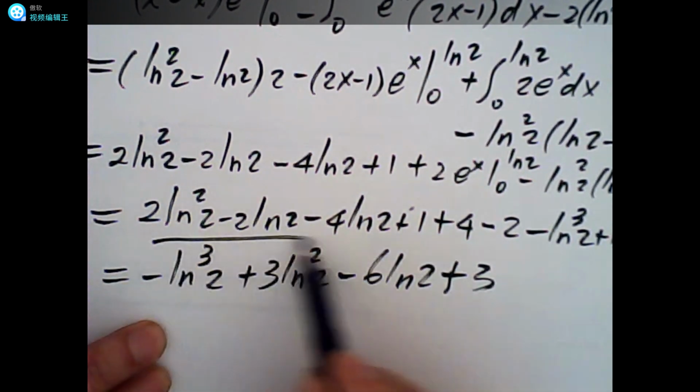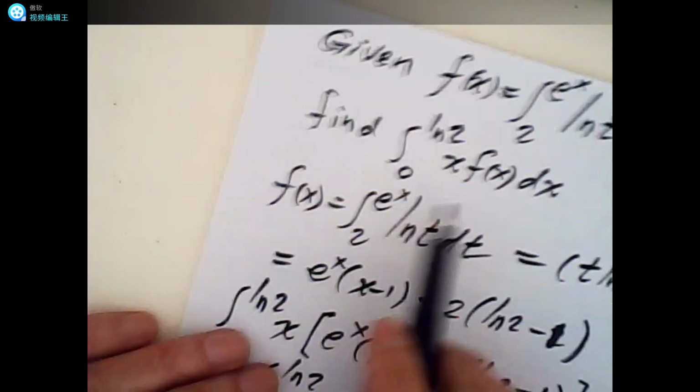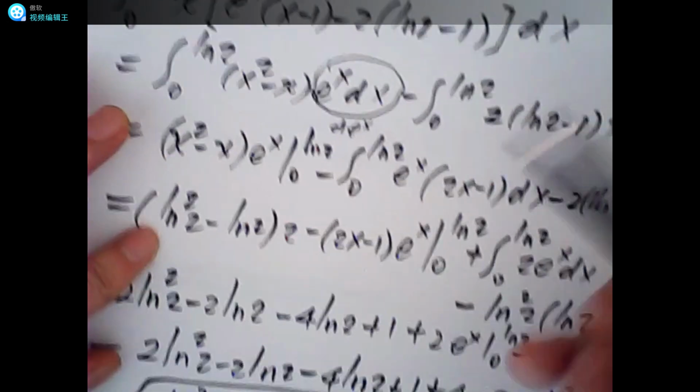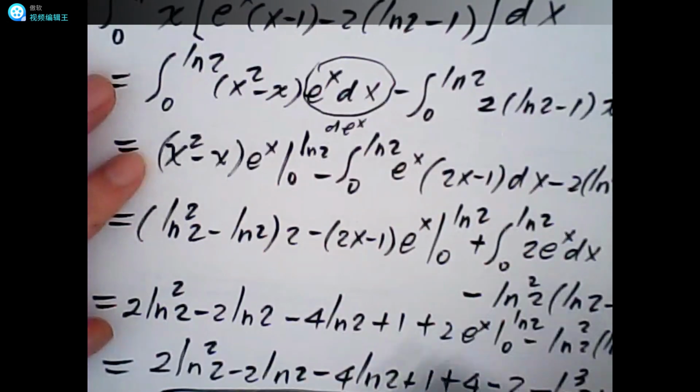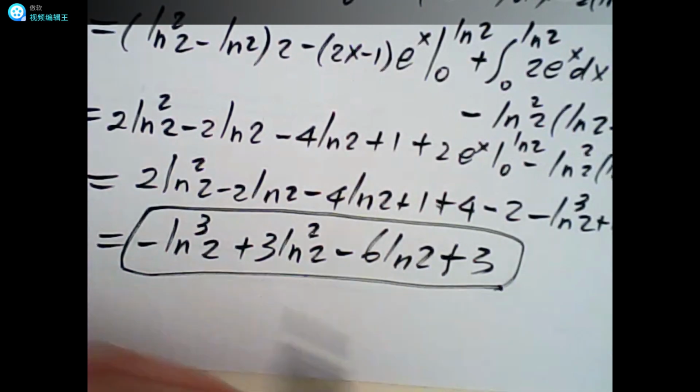So that is the result for method 1. Method 1 is just a straightforward calculation, a little tedious, but straightforward. Okay, this is method 1.